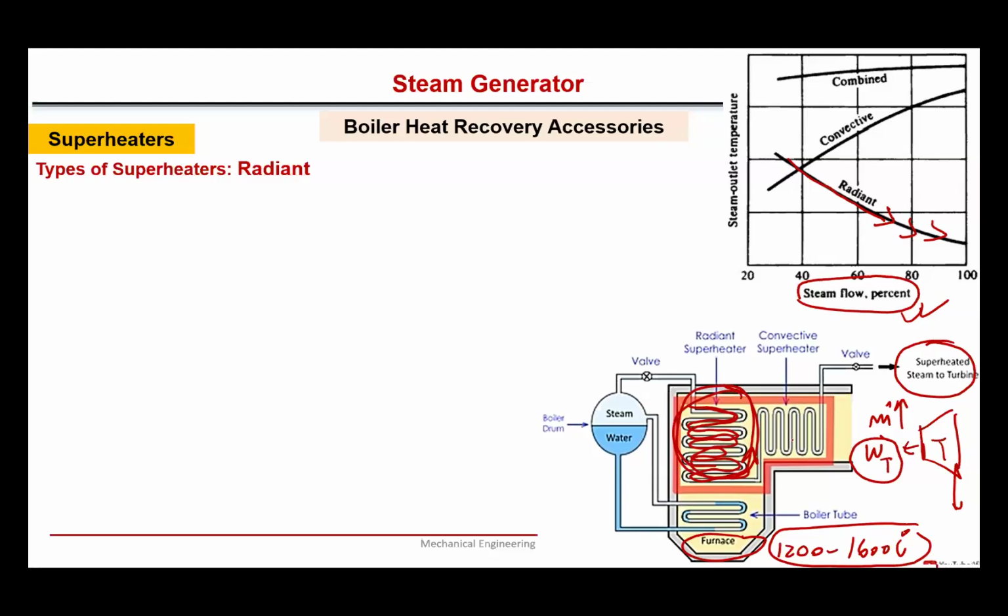But as the steam flow rate increases in the convection part, with the increase in velocity, we know the heat transfer coefficient increases. So the convection heat transfer will be increasing. The overall effect is shown something like this. So the overall response remains quite stable with the increase in steam flow requirement, right?